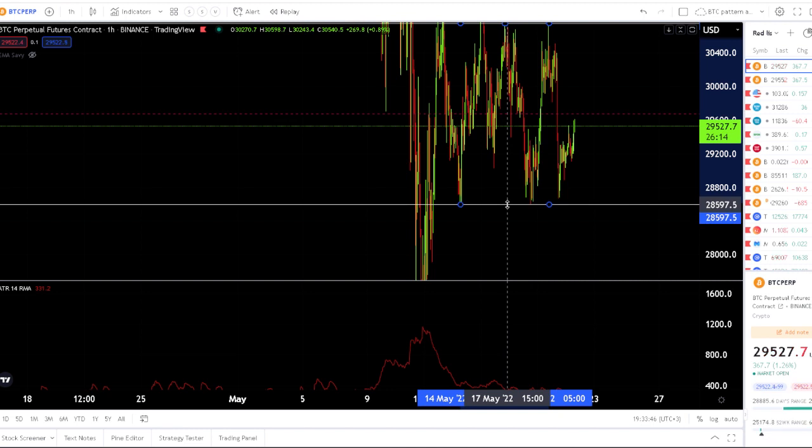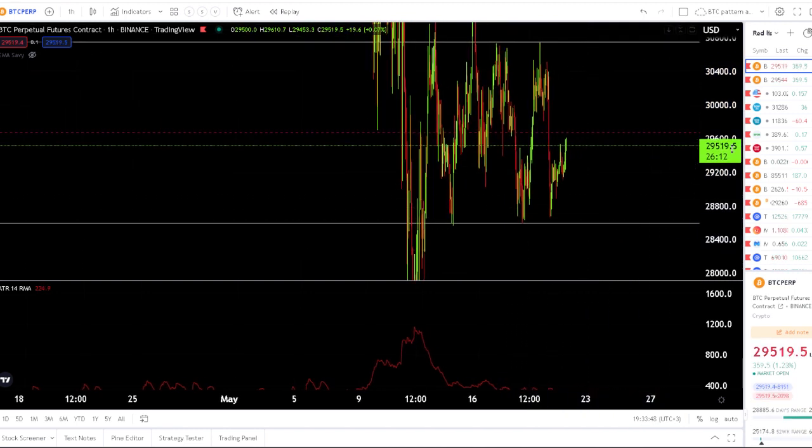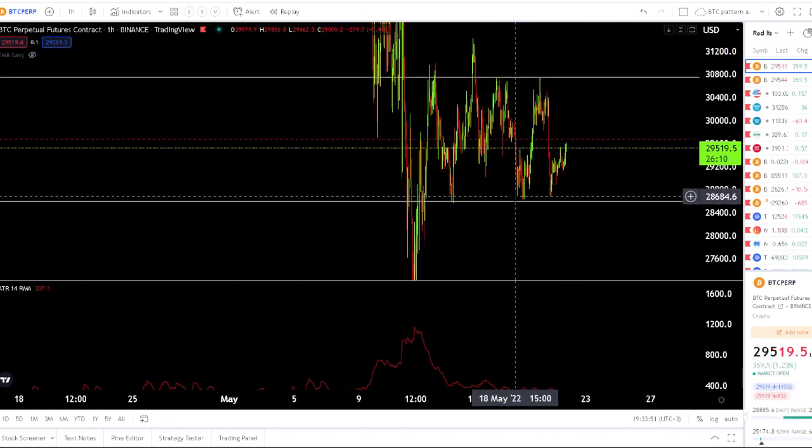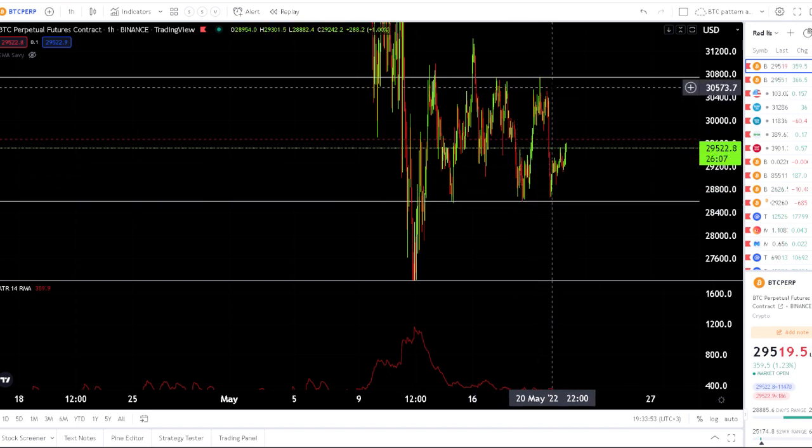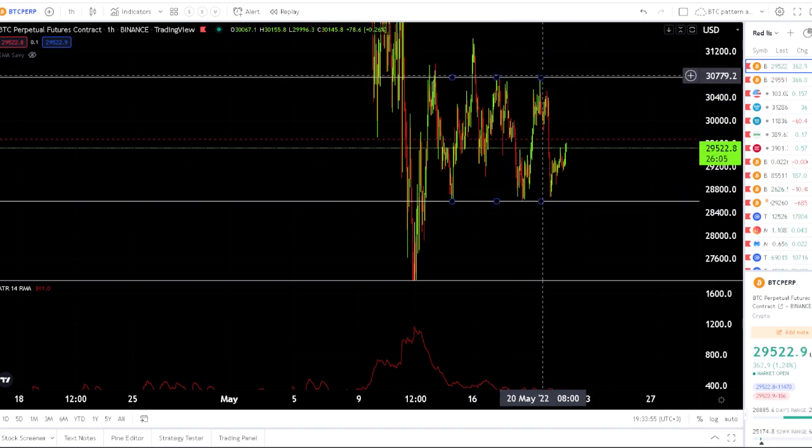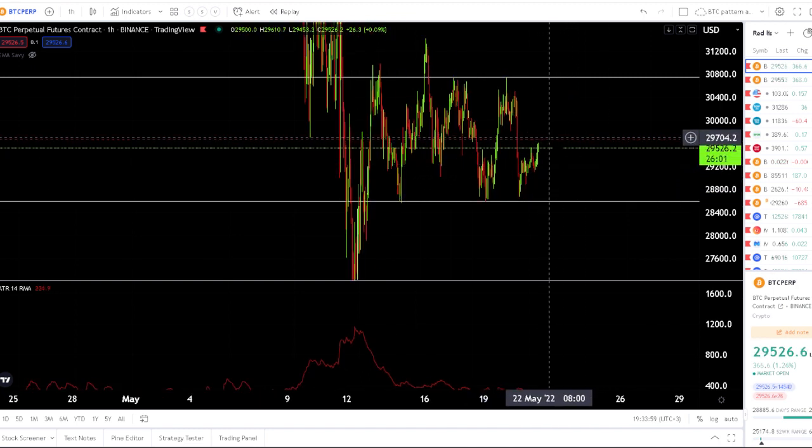Let's move the line slightly here, and we bounced. See, we hit the top, came back down. We didn't touch the bottom, but we're at the middle of the range, trying to get above the middle of the range.